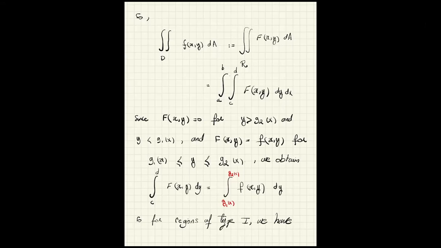As I said, you have the freedom: y is between C and D, and x is between A and B. You can do it the other way around, but for this kind of regions it is harder to do it that way, and that's the right order to take.